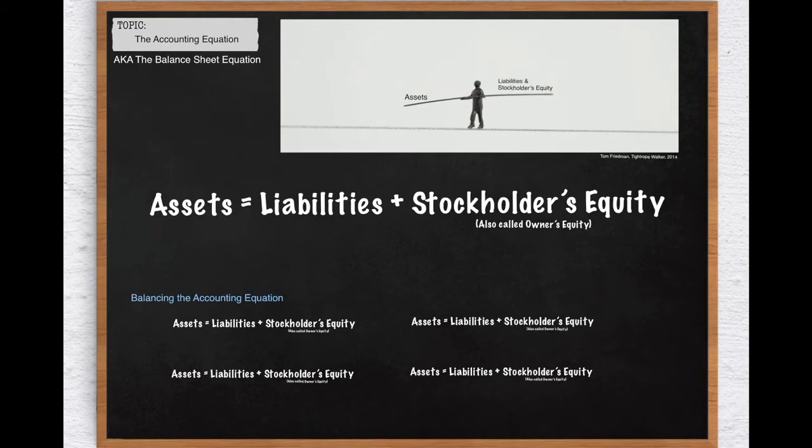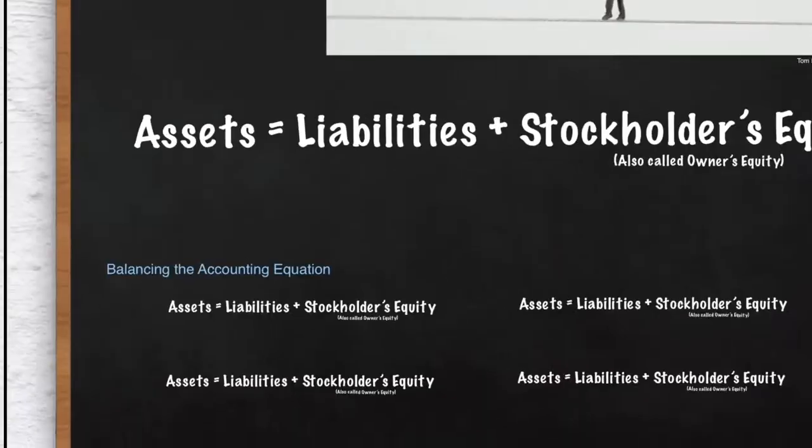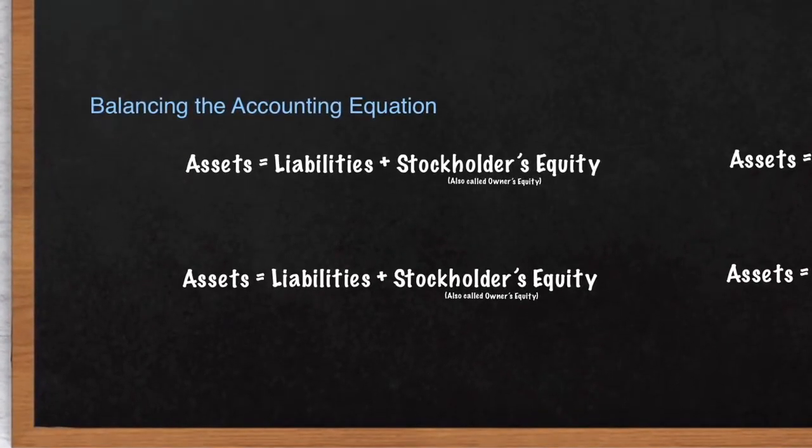And it's a good metaphor for the accounting equation, which is assets, things you own, liabilities, things you owe, and stockholders' equity, which is the difference between assets and liabilities. If you don't want to get caught up in long definitions, just remember that. Assets are things you own, liabilities are things you owe, and stockholders' equity is the difference between the two.